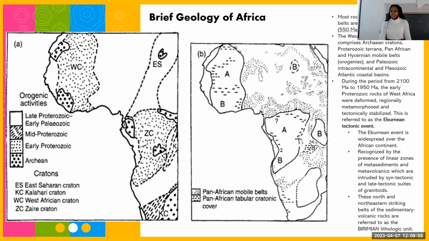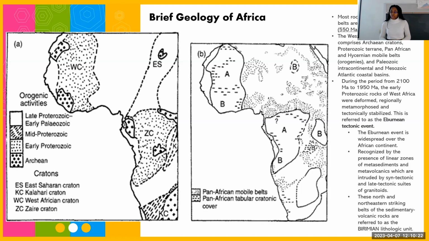During the period from 2,100,000,000 years ago to around 1,950,000,000, the early Proterozoic rocks of West Africa were deformed, regionally metamorphosed, and tectonically stabilized. This was referred to as the Eburnean tectonic event. To make a long story short, there was a lot of tectonic movement, and that created some of the hills and mountain ranges that exist now throughout West Africa.